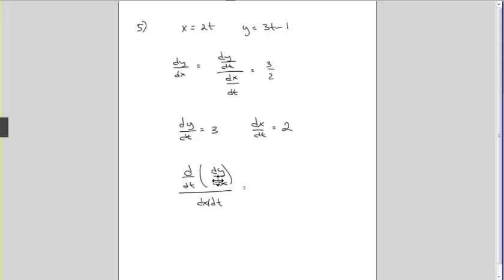If we take the derivative of dy/dx with respect to t, well, there is no t, so you get 0 for this part. And then dx/dt is 2, so we get 0, which we already knew. So the concavity is 0, and the slope is a constant, actually 3 halves.